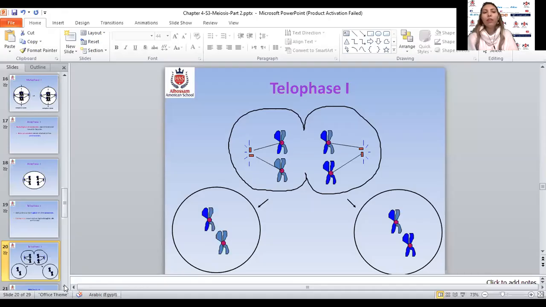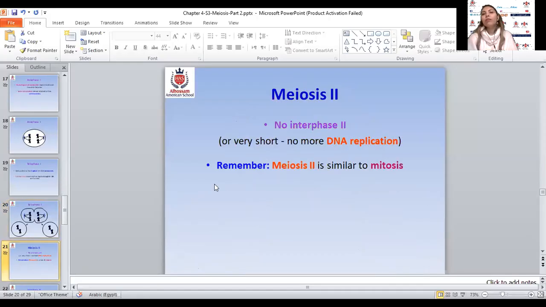If we start with 20 chromosomes, then at the first meiosis, each cell will get only 10 chromosomes. Then we enter meiosis 2. In meiosis 2, there is no interphase 2. Interphase 1 happens before meiosis 1 to prepare the DNA and duplicate each organelle inside the cell.